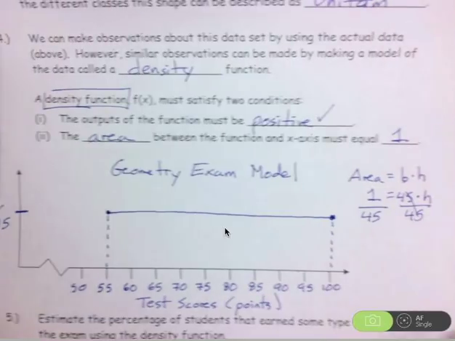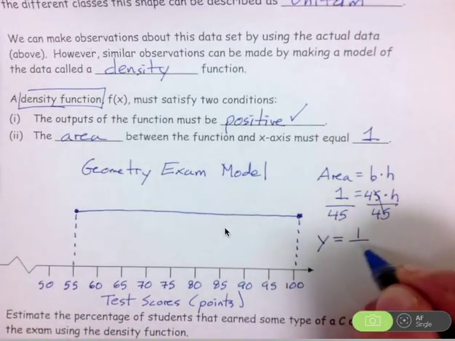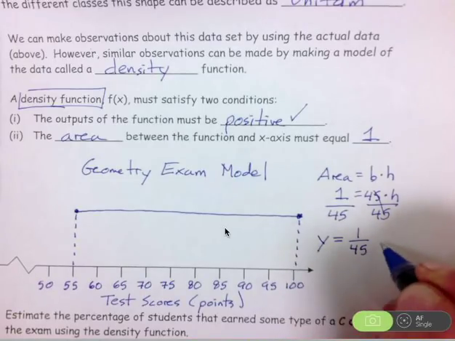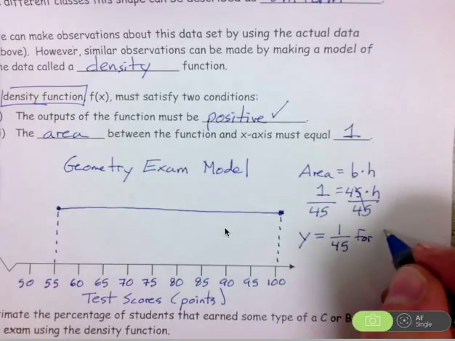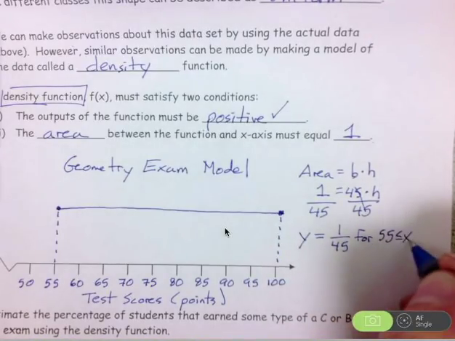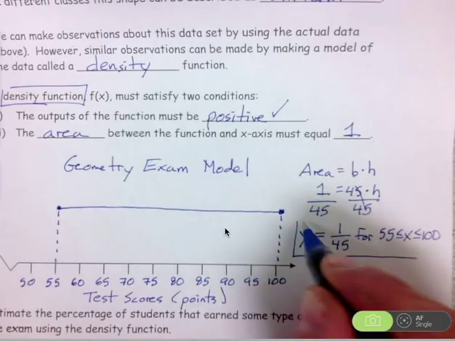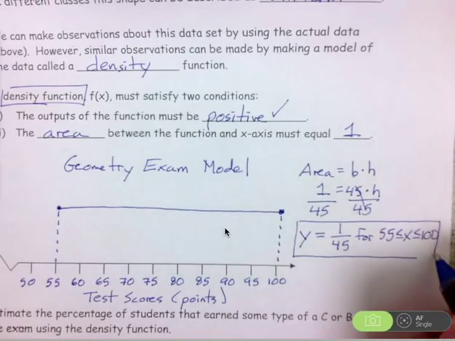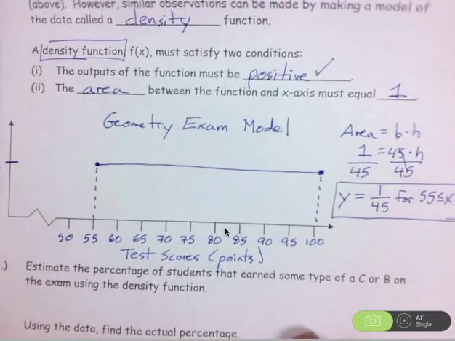We could even write the equation for this function. It's just y equals 1 over 45 for x values from 55 to 100. That's literally the equation of our density function, although it's more important to recognize how to use it, so let's use it right away.